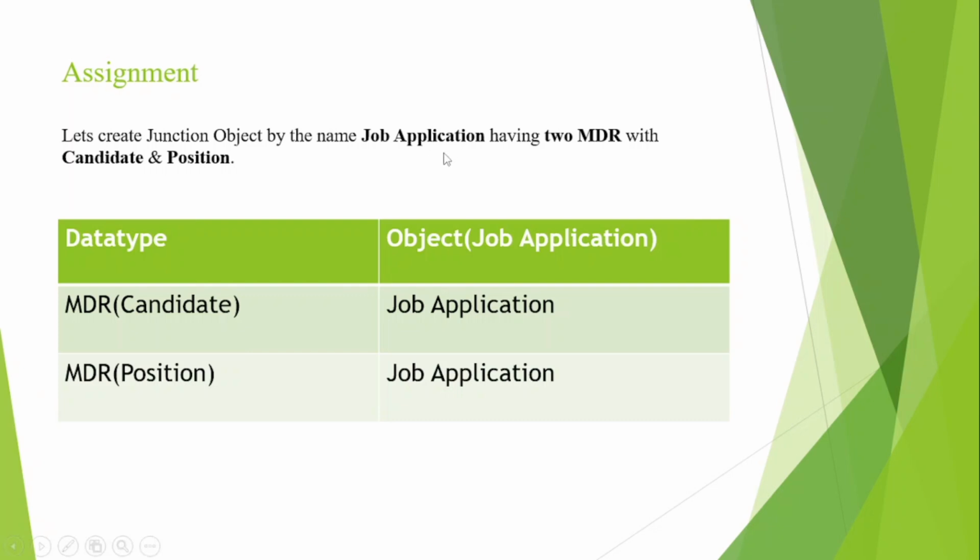Once we have created job application, we create the first master detail relationship on it with the parent as candidate. When that is done, we create the second master detail relationship on job application, and the parent will be position. So now it will be treated as a junction object. So this is what we have to do in today's assignment.